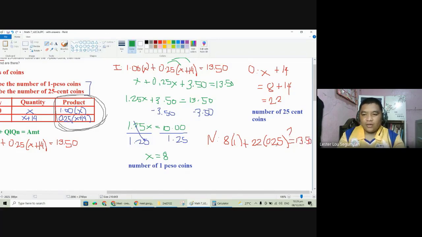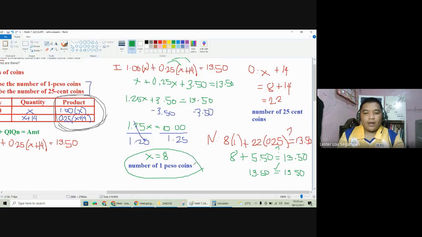Let's continue. Again, I use a question mark. 8 times 1 is 8, plus 22 times 0.25 is 5.50, or 5.5. Is it still 13.5? Finally, you have an equation here, and this satisfies our problem. This means that the answer, that there are 8 1 peso coins and 22 25 centavo coins, is correct.